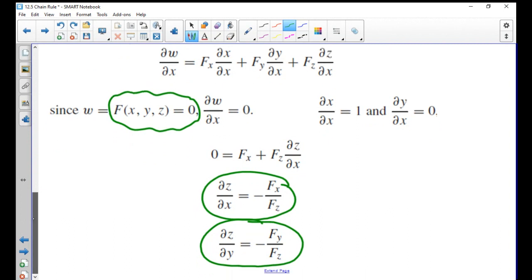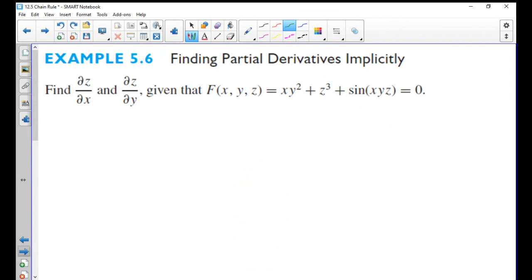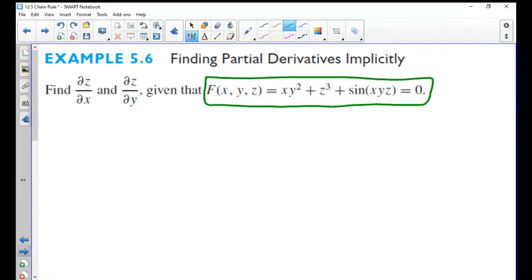Okay, so let me just consider an example with the three variables. I want dz over dx.